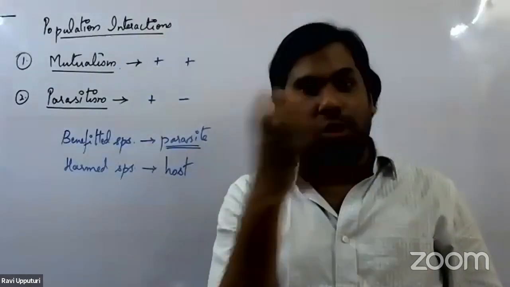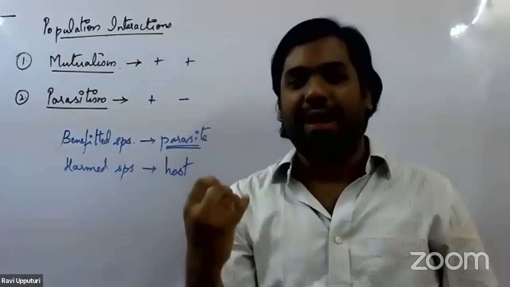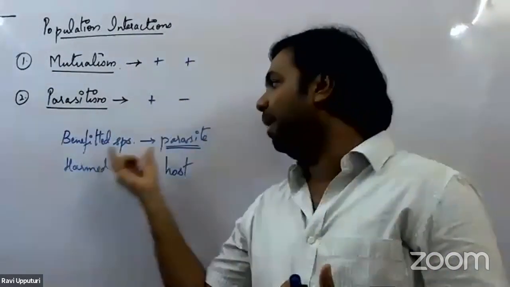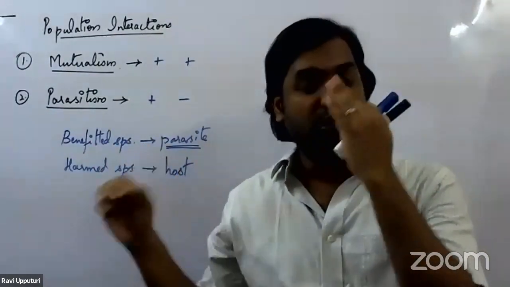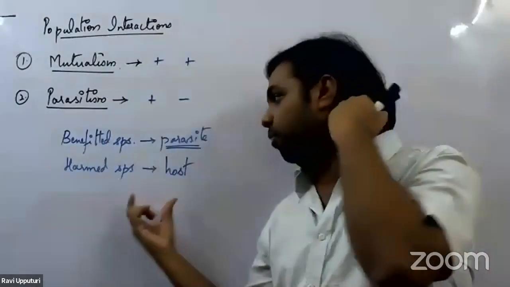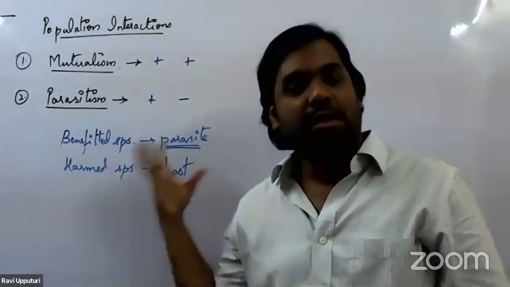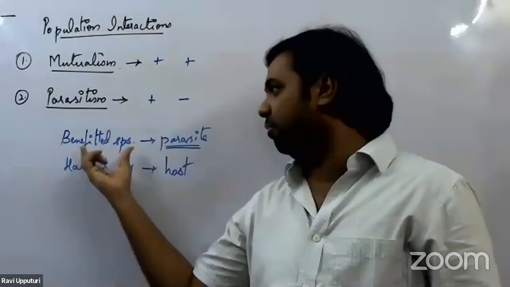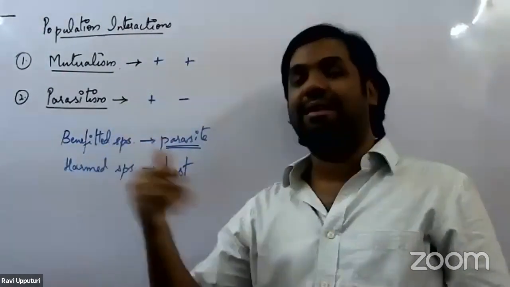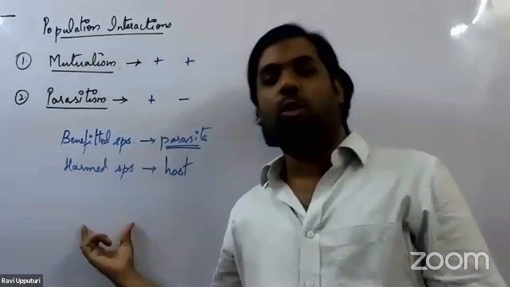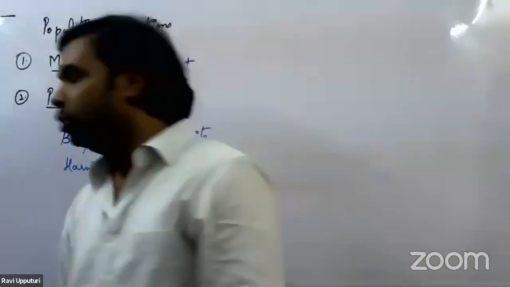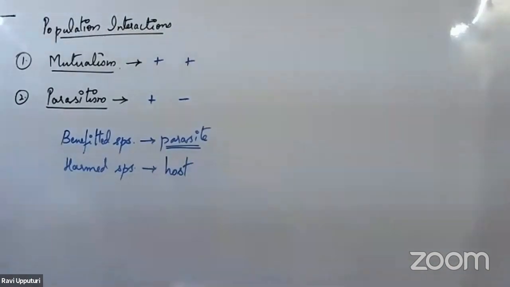So whatever nutrition is available in the host organism is absorbed by the parasite, as a result of which the host will not have enough nutrition for its survival, and the host organism is harmed. Sometimes, if the number of parasites increases within the host organism, it can even lead to the death of the host organism as well. So this is what we have with parasitism, the parasite as well as the host species.